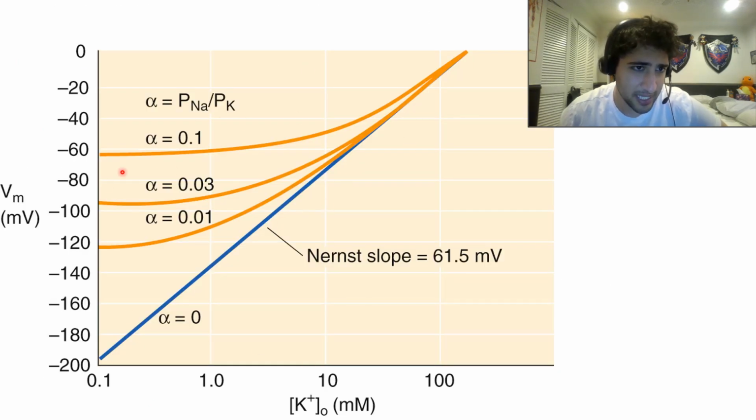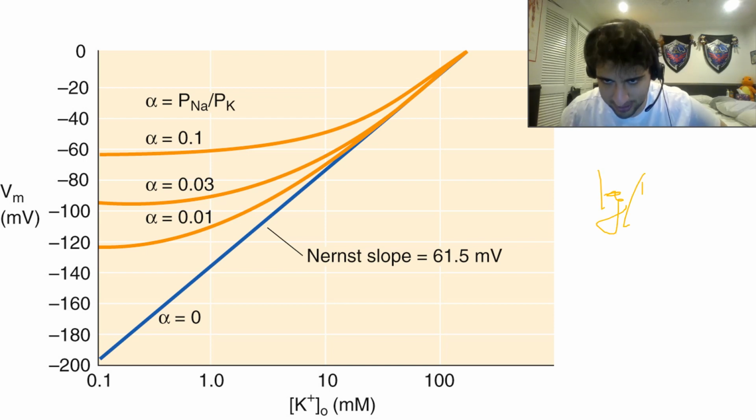And what this is showing here, this alpha, remember the way it was written, you had your 61.5 plus et cetera, but inside the logarithm, you had potassium out and potassium in, and then you had this term alpha, which I don't want you to stress out about right now. It's not particularly important. Sodium in, but know that when channels are closed, this alpha is irrelevant.